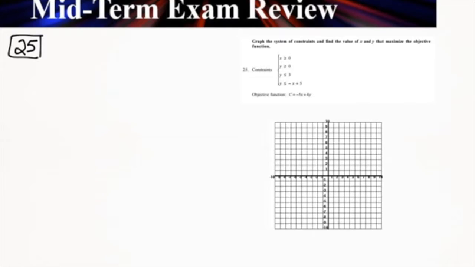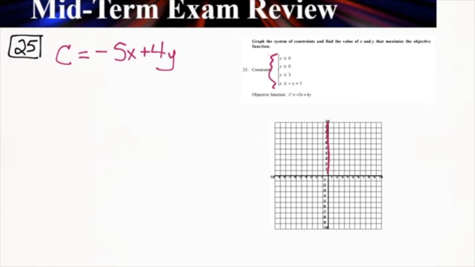Okay, so this is a linear programming problem where we use the objective function. So the objective function we're going to do later. So we're going to leave this out here like this, negative 5x plus 4y. That one I want later. The constraints are what I'm going to do now. So I'm going to go x greater than 0.